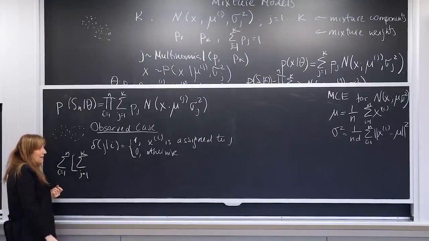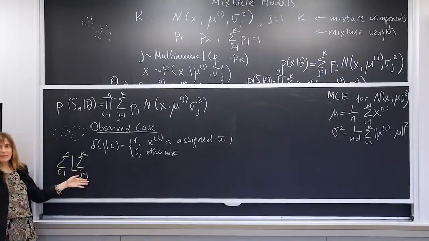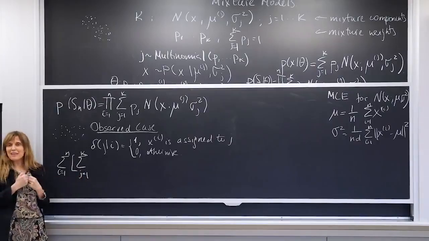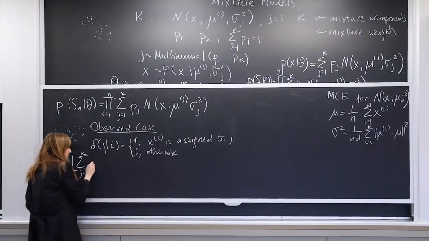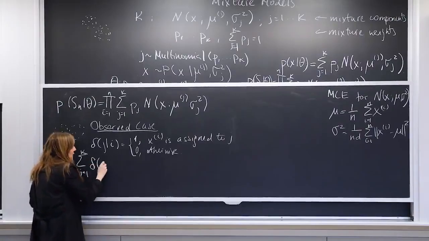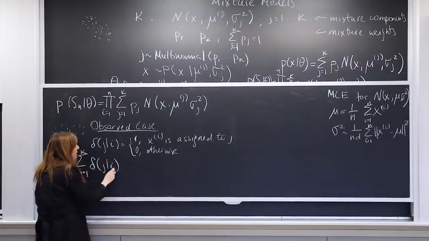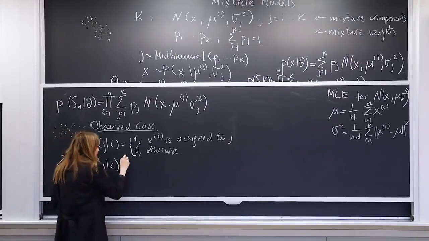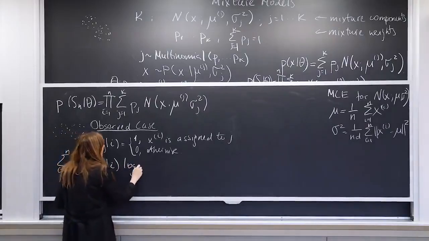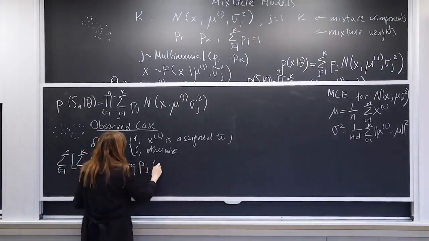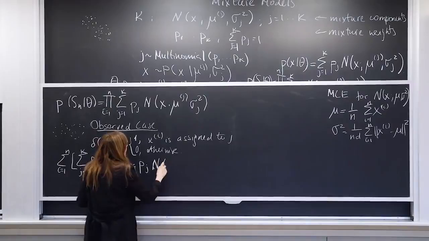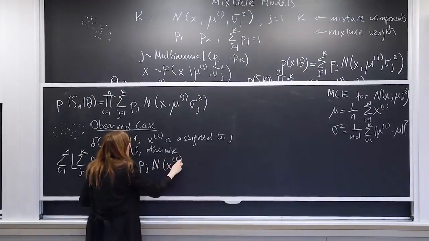And then within that particular cluster, I'm only going to take points that are hard assigned to this cluster. So we're going to say delta j i, log p j and x.